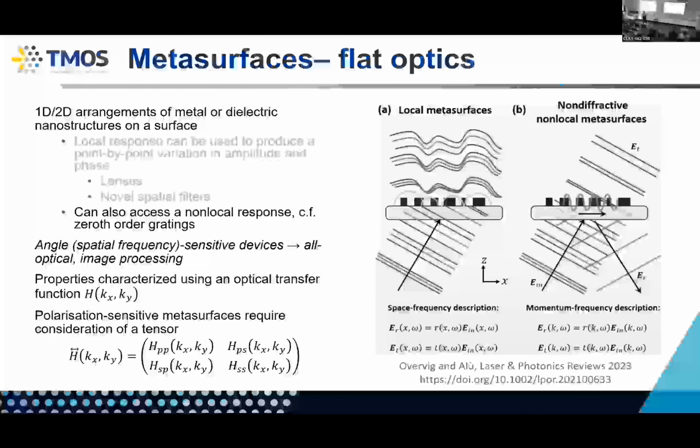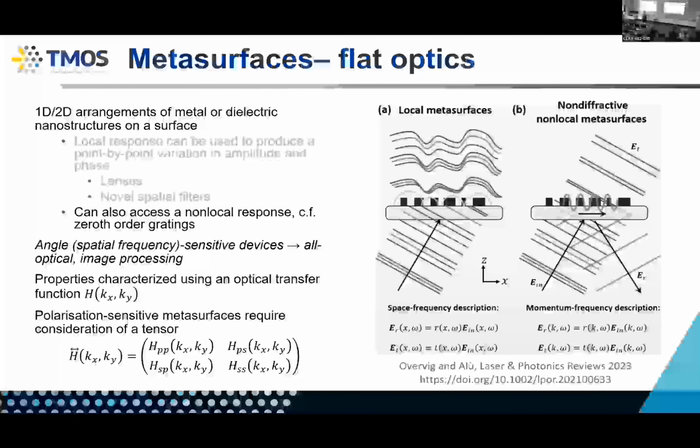So a non-local metasurface is effectively some sort of device that has a transmission or reflection that depends on the direction of incidence of a plane wave. So rather than characterizing it in terms of a transmission function, we actually talk about its sensitivity to angle or sensitivity to spatial frequency. And that quantity is called an optical transfer function.